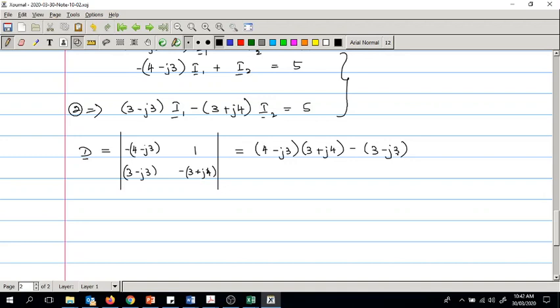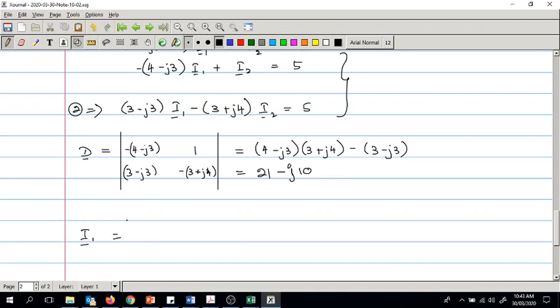Okay, I got a value. D is equal to 21 minus j10. So that's D.